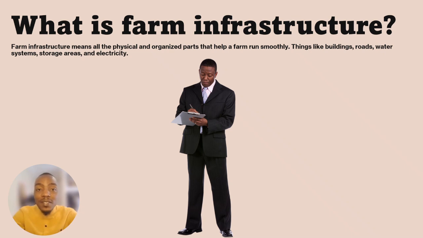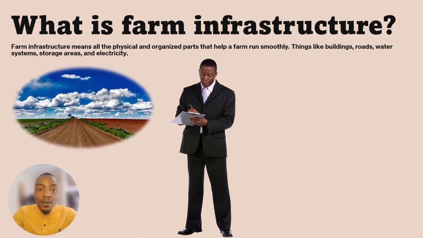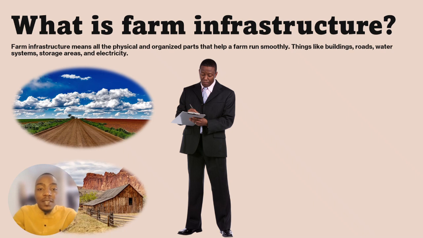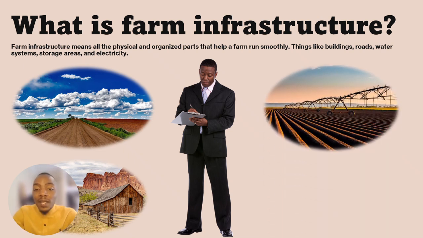And for all those things to work in harmony, you're going to need roads to connect different parts of the farm. You're also going to need warehouses, storage areas, buildings, shelters for all those things to have the security that they need. And we're also going to need irrigation, water systems, tanks, and things of that nature so that we're provided with water whenever we need it.